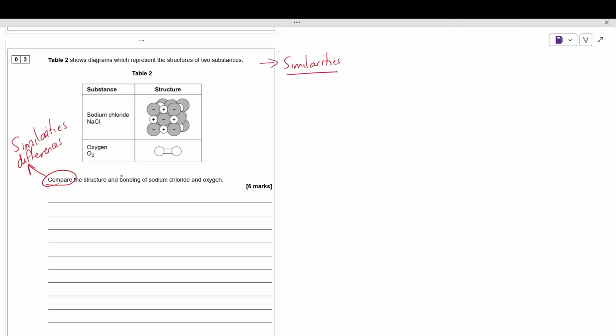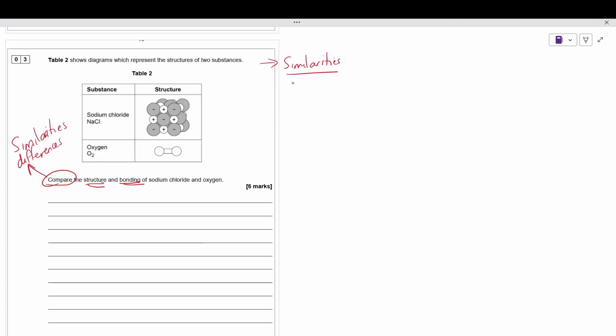Remember, it says we're comparing structure and bonding for each of these. So my similarity must contain some information about structure and some about bonding. My differences must include information about structure and bonding as well, in order for me to maximize my opportunity of getting that higher level of mark.